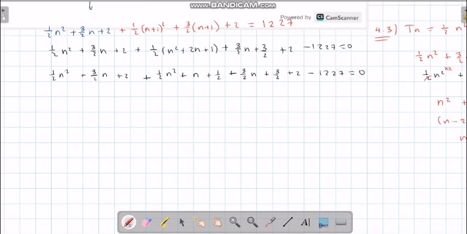Okay, so now let's get the like terms. Half plus half is 1, so it's n squared. Now let's check. We also have 3 over 2 n, 3 over 2 n, plus n.